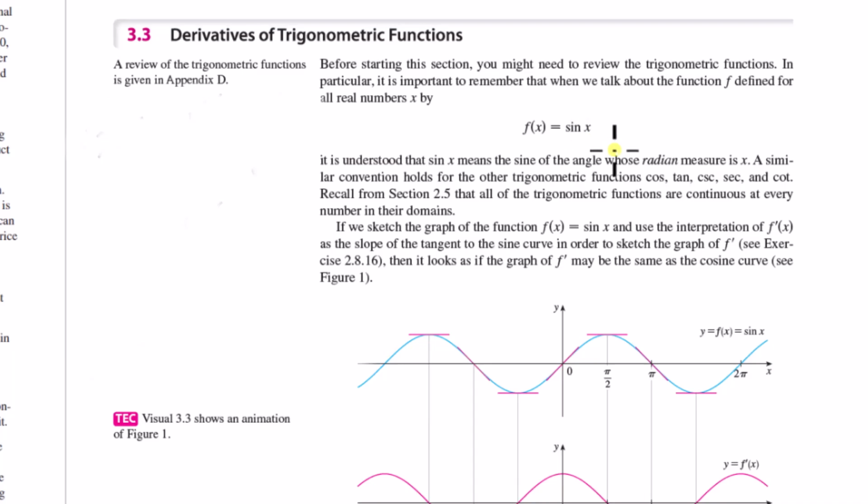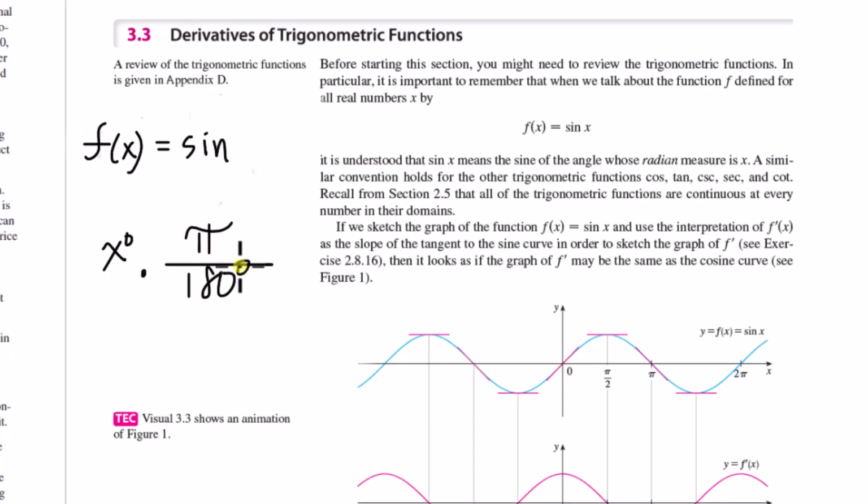It's not that you can't take a derivative of a trig function if the argument is, say, in degrees. It's not a big deal. The idea is you just say, okay, the argument needs to be in radians. So if the x is in degrees, then you need to convert that to radians. So you've got pi radians for every 180 degrees.